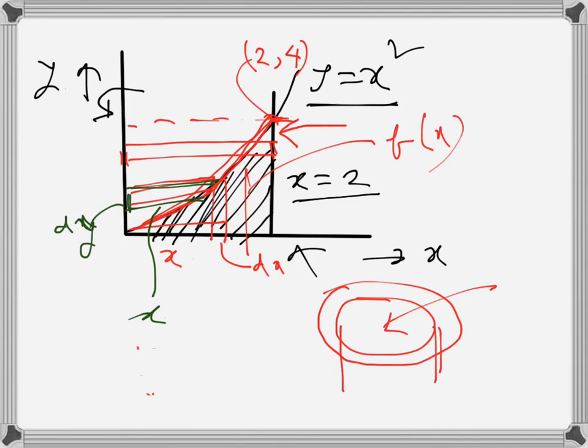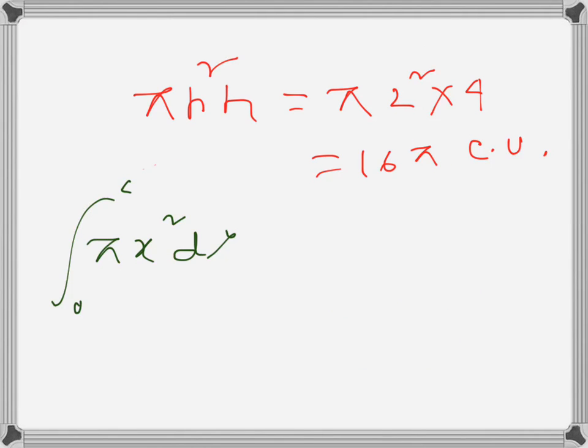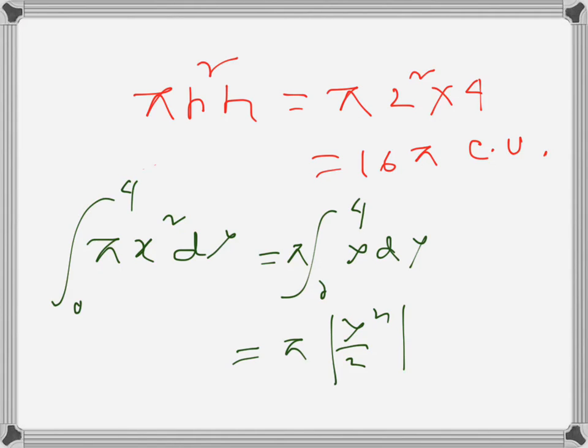We integrate from 0 to 4 to get the full volume. Pi comes outside, x squared is y, so pi y squared over 2 from 0 to 4, which is 8 pi.